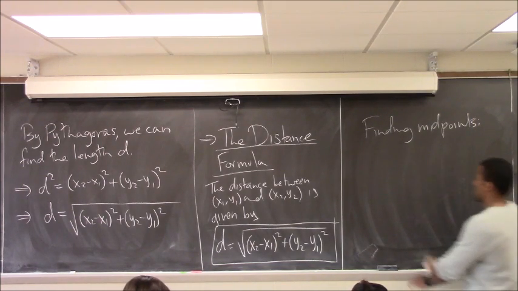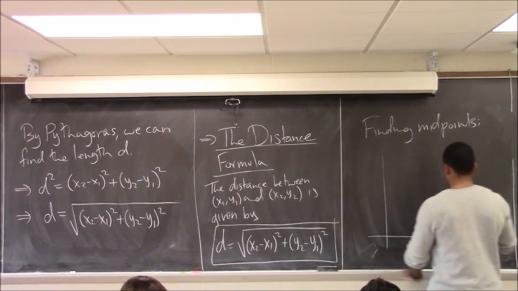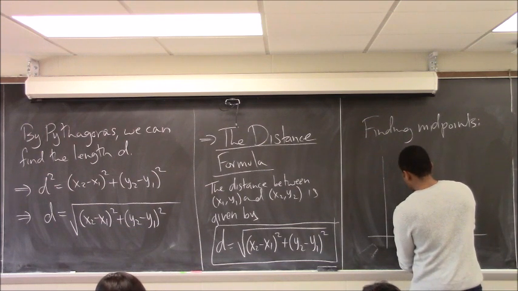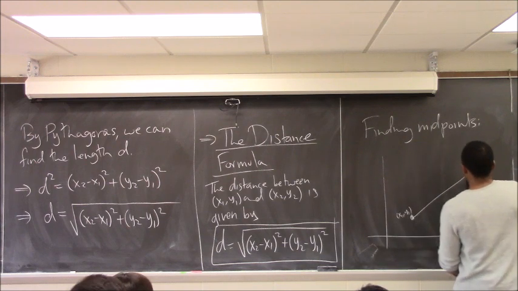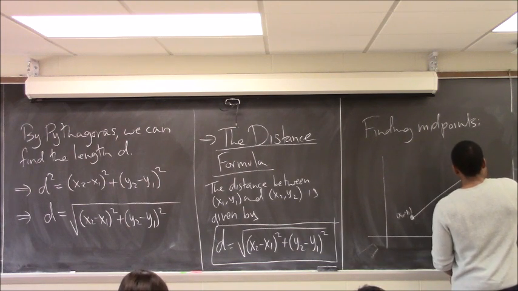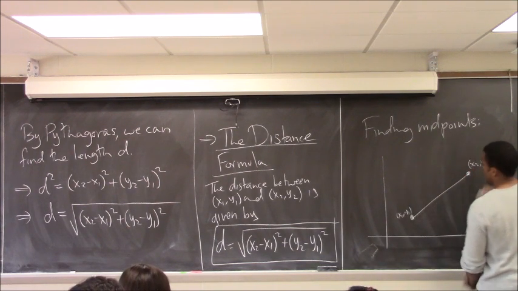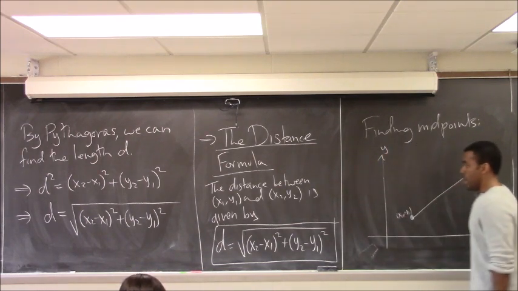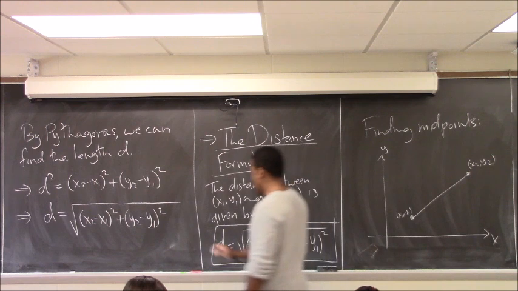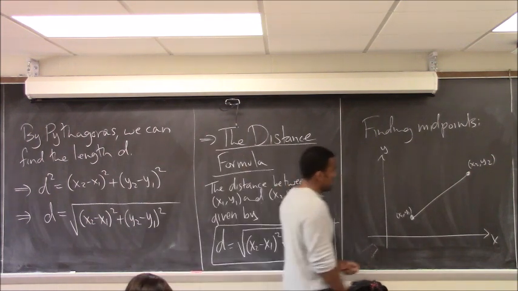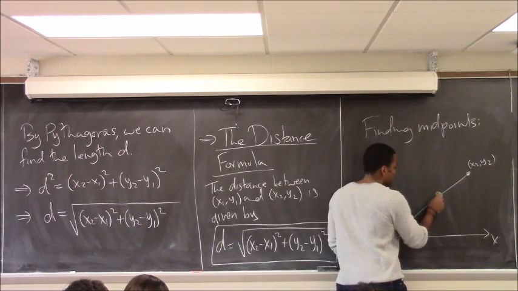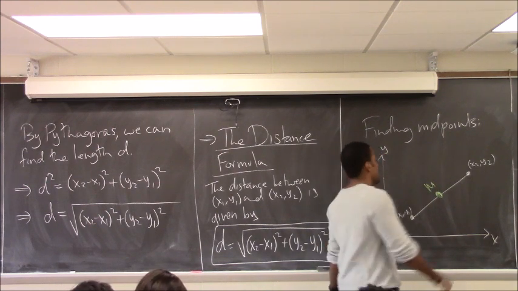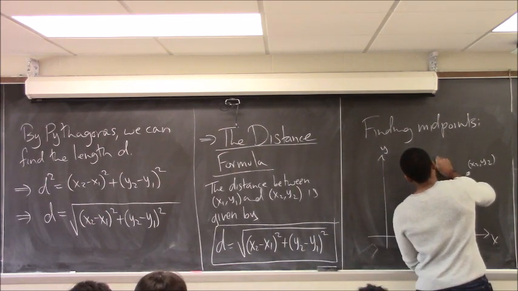So, again, if I have a coordinate x1, y1, and another coordinate x2, y2, and we wish to find the point that is exactly in the middle, halfway between these two points. So this is the midpoint.